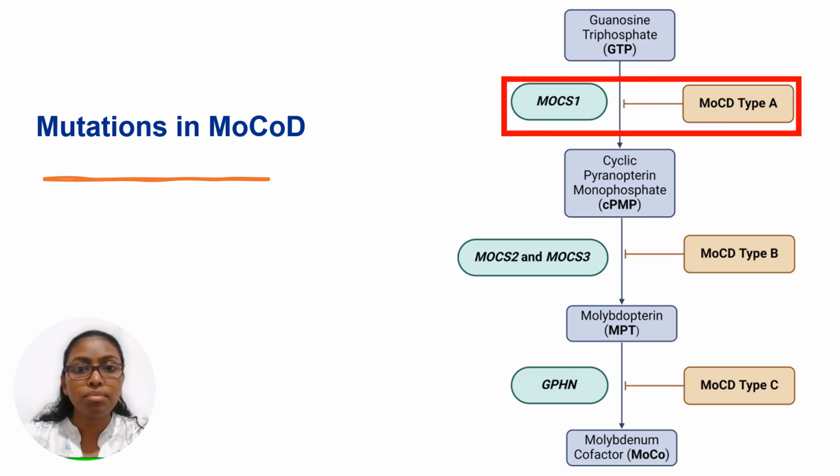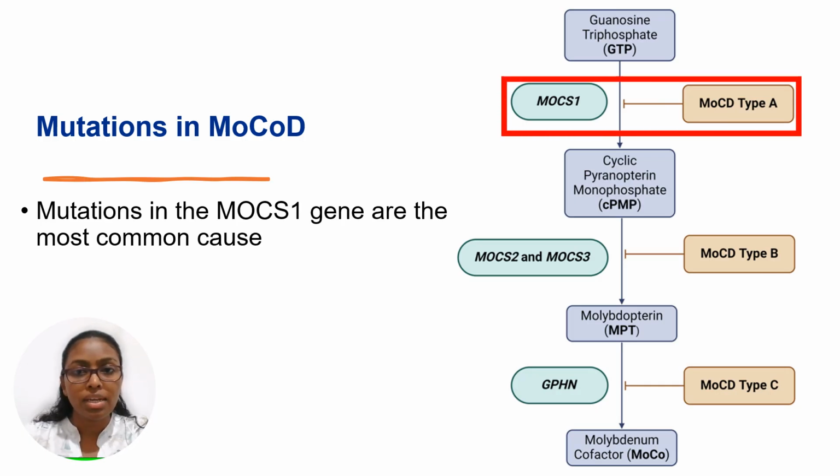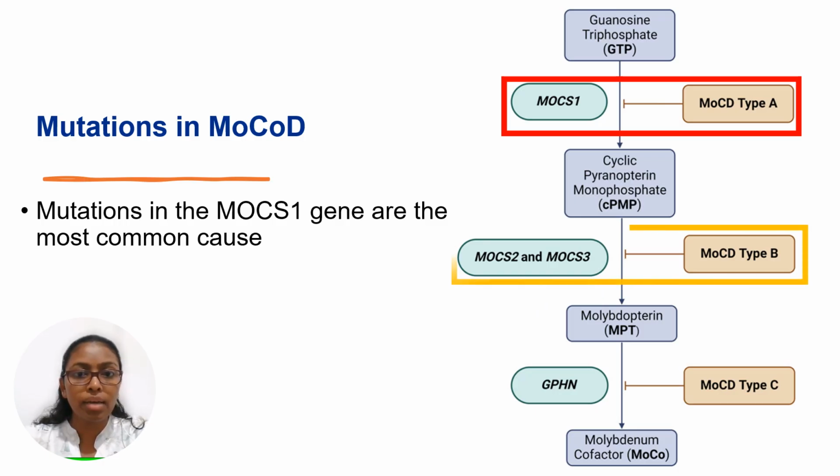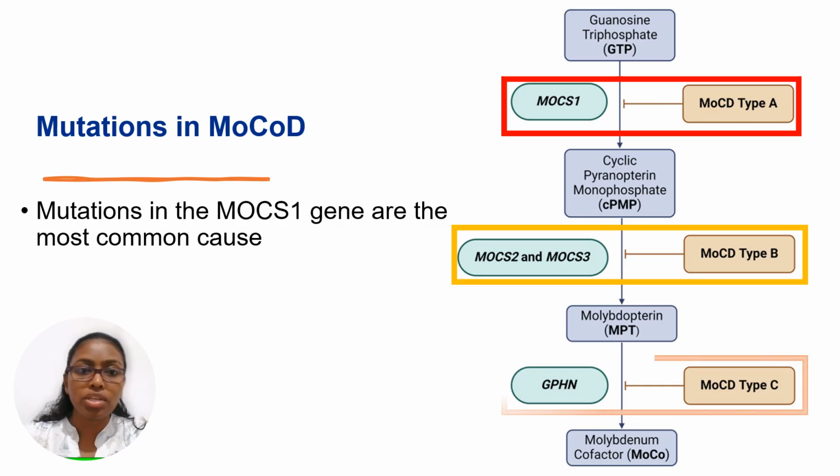The MOCS1 gene is the most common site of mutation, leading to molybdenum cofactor deficiency type A. Mutation in MOCS2 and, less frequently, MOCS3 results in molybdenum cofactor deficiency type B. GPHN mutations are very rare and cause molybdenum cofactor deficiency type C.